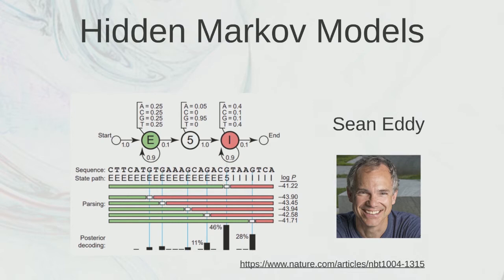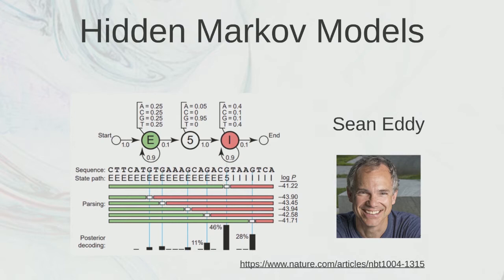So this is a hidden Markov model to try to detect the end of an exon and the start of an intron, therefore the 5' splice site. So 5 here indicates the location of the 5' splice site. And then E means we think this base is part of an exon, and I means this base is part of an intron.